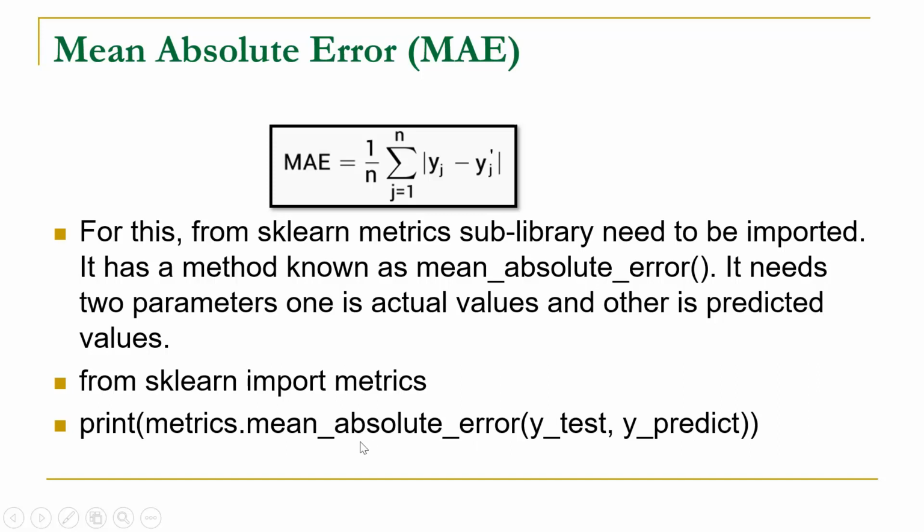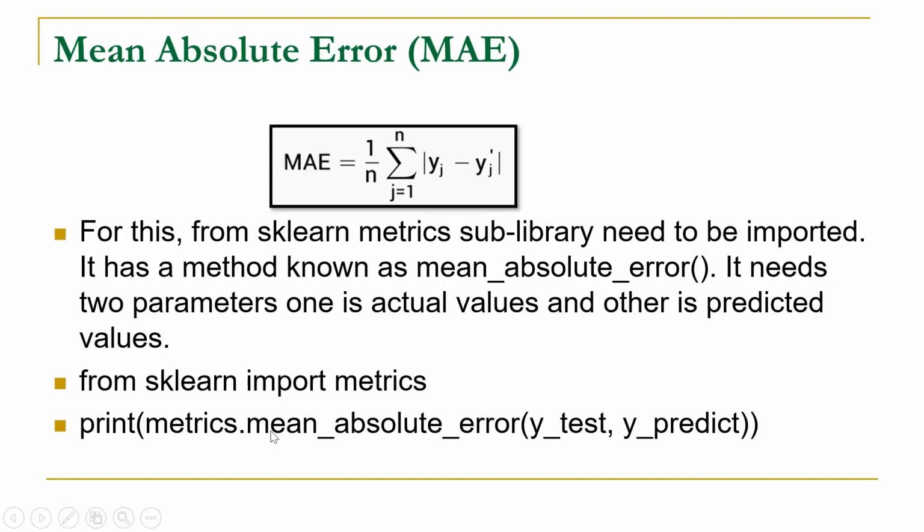And you know that in order to check the error, we have to compare actual values with predicted values. Our actual values are in y_test, while our predicted values are in y_predict. So we are passing two parameters, y_test and y_predict, to this. And by using the print method, we are printing its value in the console. So the syntax is very simple.